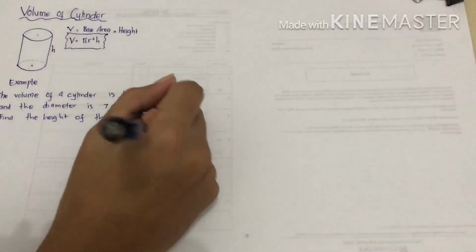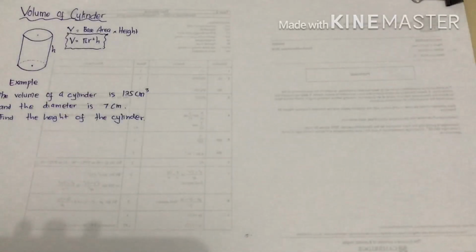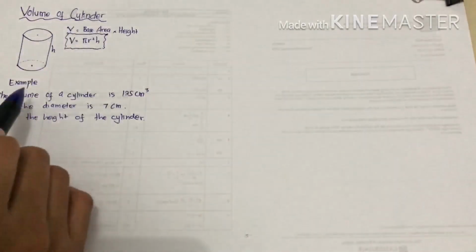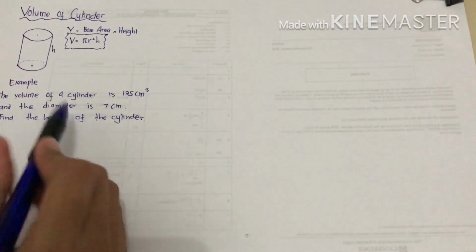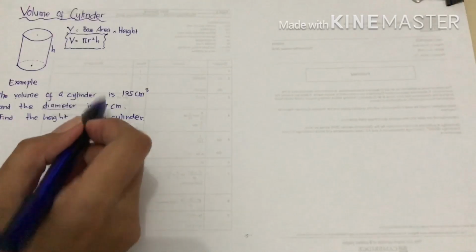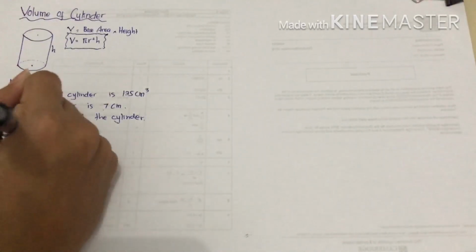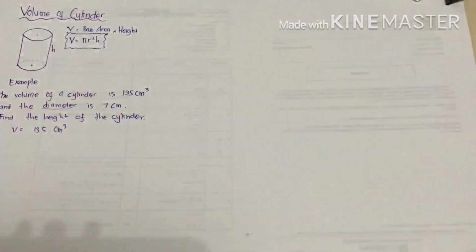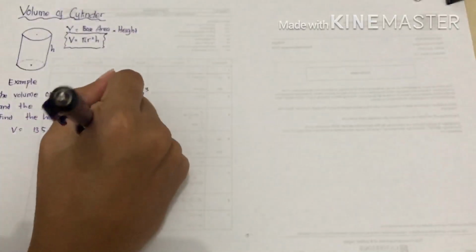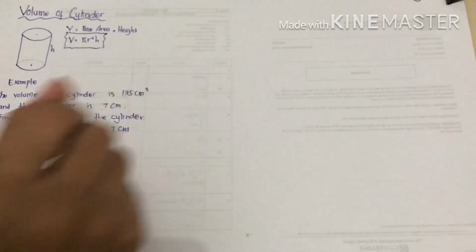So here the given information is volume 135, and then we have another one, the diameter. So we have volume is 135 centimeter cube, and diameter is 7 centimeter.